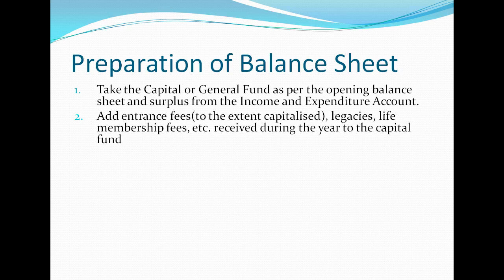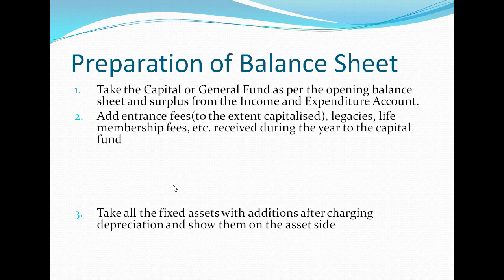In the sense, only that portion of the entrance fees which is capitalized must be added to the capital fund. Legacies must be added to the capital fund. Life membership fees, as it is a capital receipt, should also be added to the capital fund or general fund which are received during the year, and all these items are to be added to the capital fund.